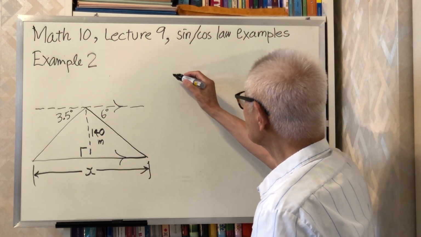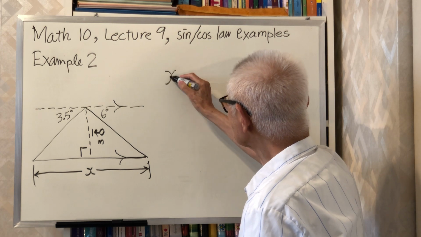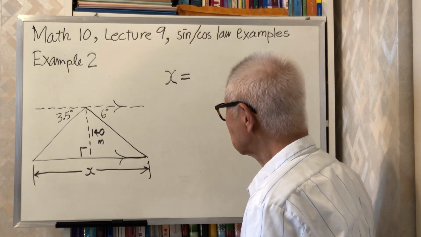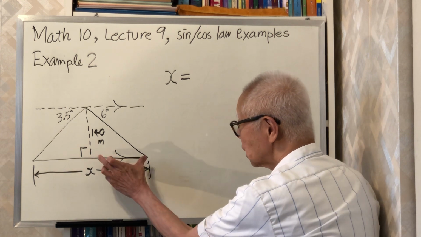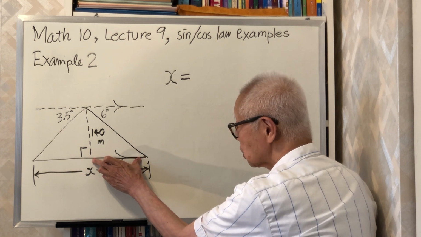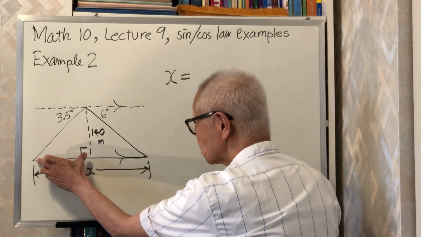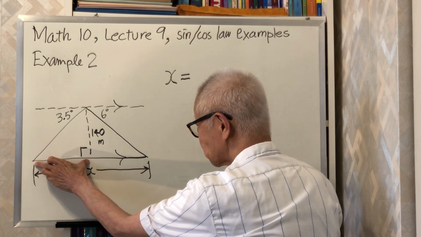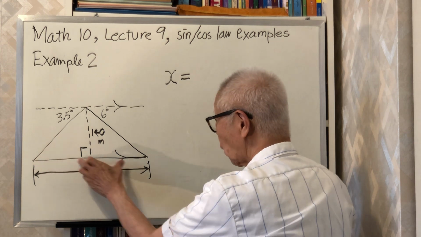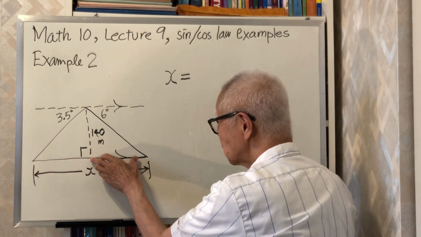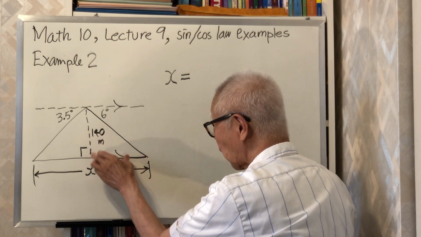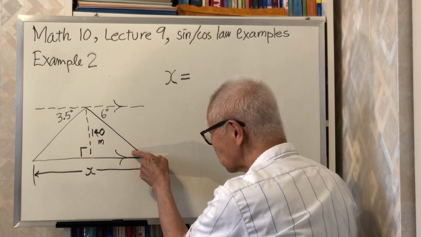X is this line segment plus this line segment. What is this line segment? This line segment is 140 divided by tangent of this angle.